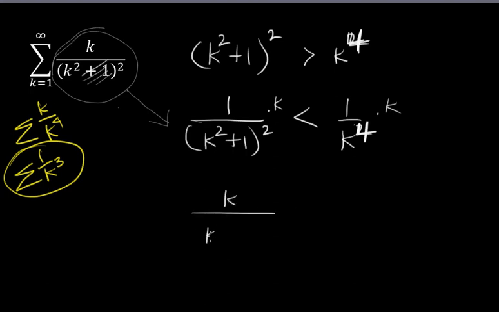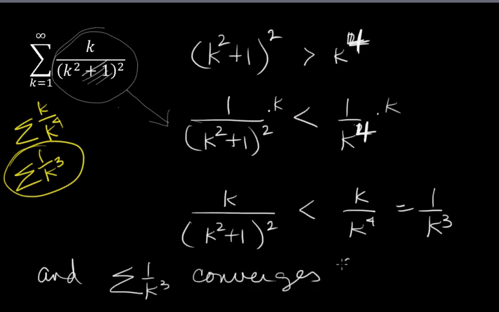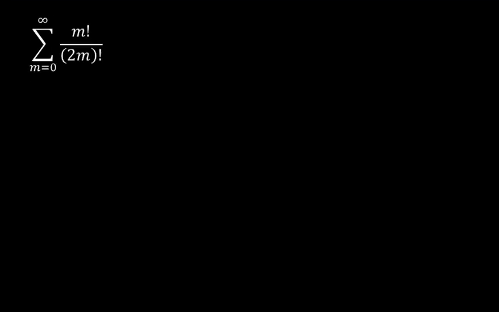And I get k over k squared plus 1, the quantity squared, is less than k over k to the fourth, which is 1 over k cubed, exactly what we want. And summation 1 over k cubed converges. P equals 3, or you could put p greater than 1. Therefore, I would say that this given series converges by the comparison test.